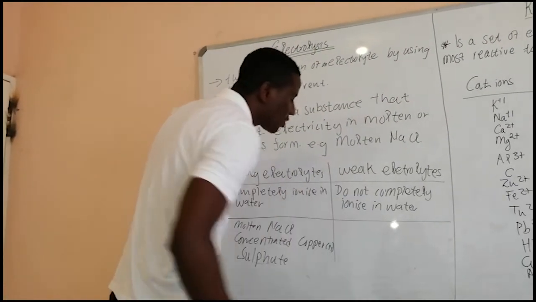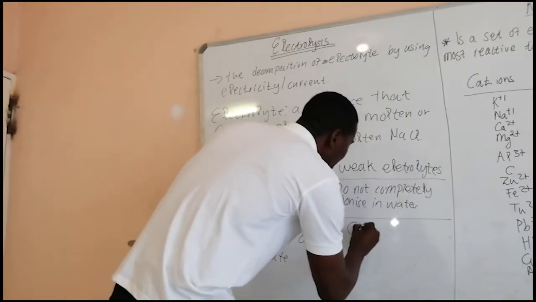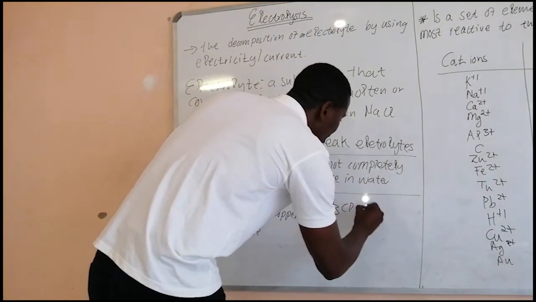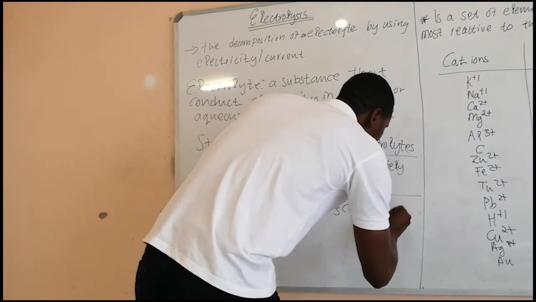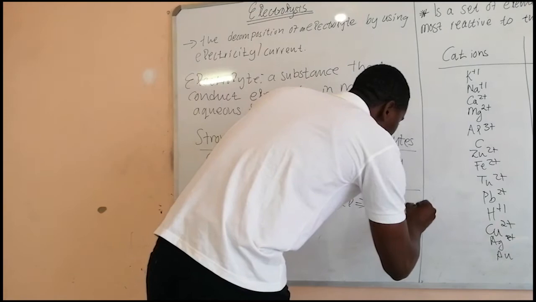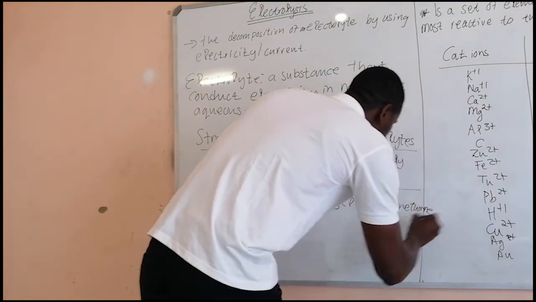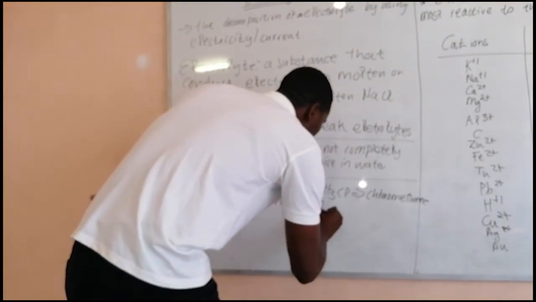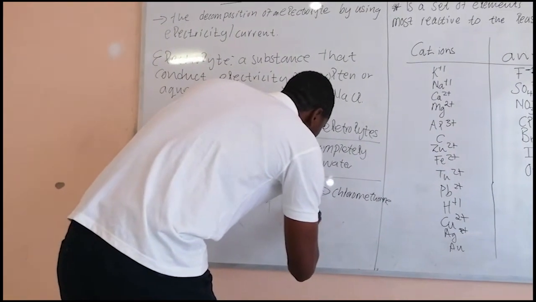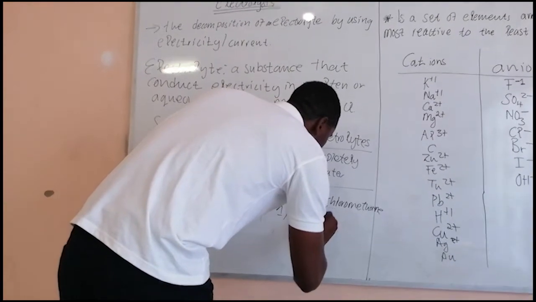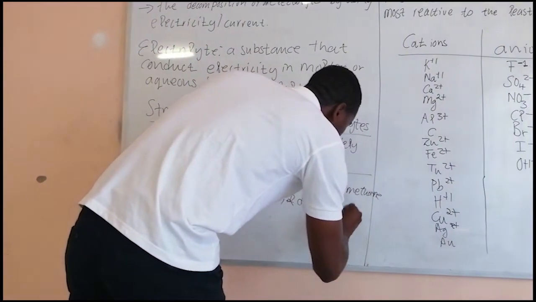And for a weak electrolyte, we can have CH3Cl, which is called chloromethane. We can have 1,2-dichloroethane.